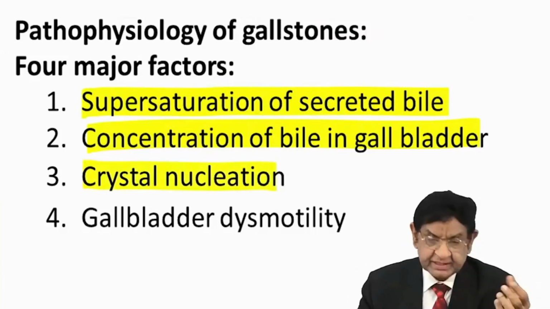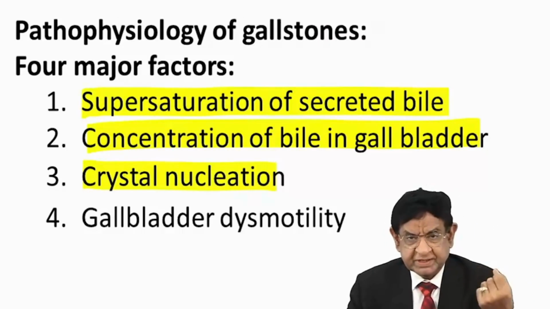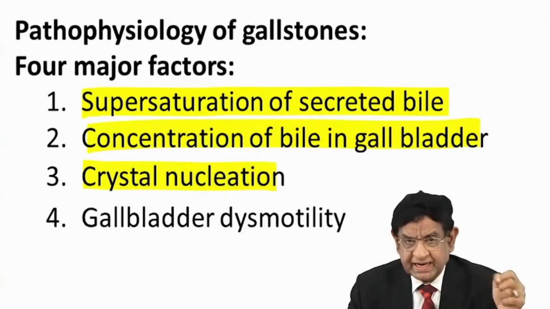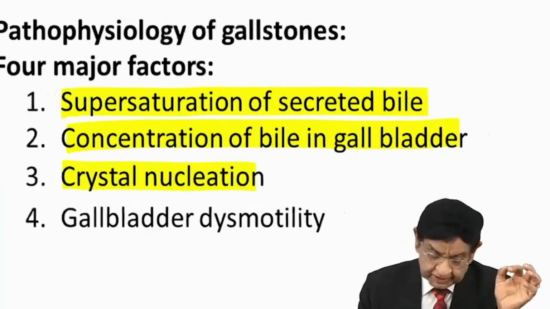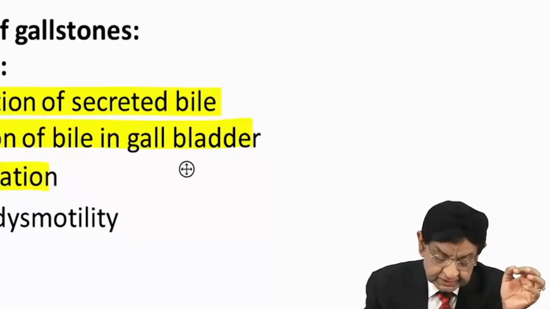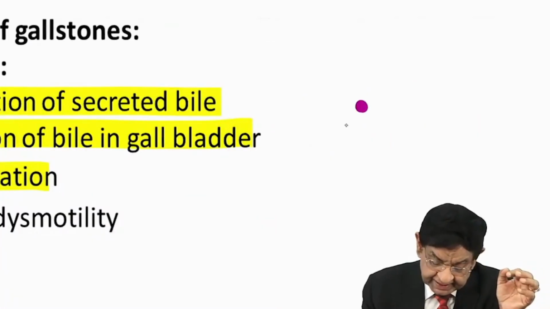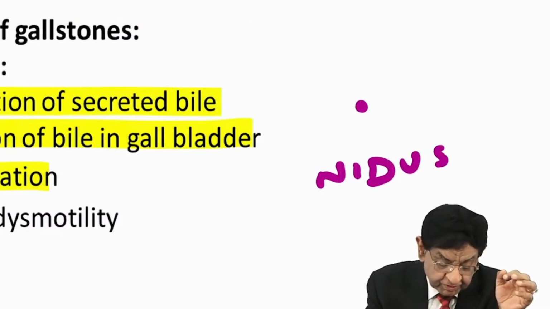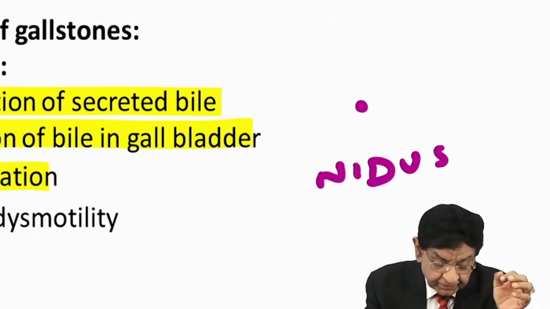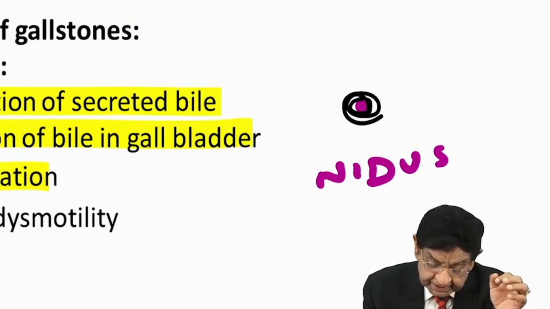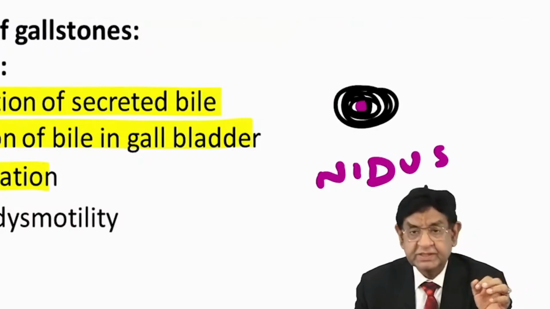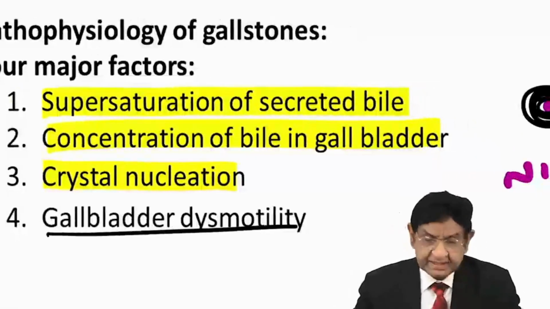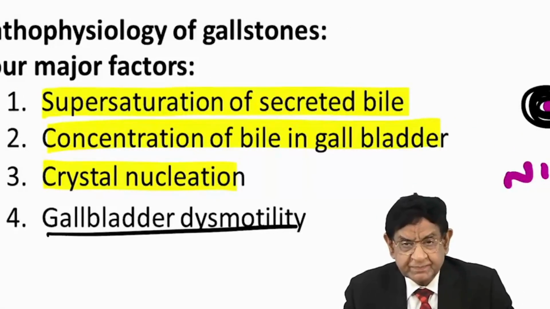Second, crystal nucleation. Most of the time there is some nucleus, and crystal formation occurs around that. We have a focus, what we call a nidus. If a nidus is there, then formation of stone around it becomes very fast. So nidus formation is essential. And finally, gallbladder dysmotility, where the gallbladder is not contracting.